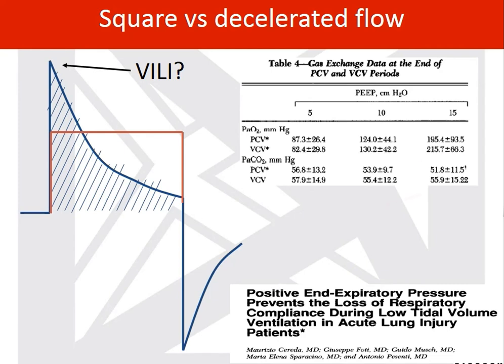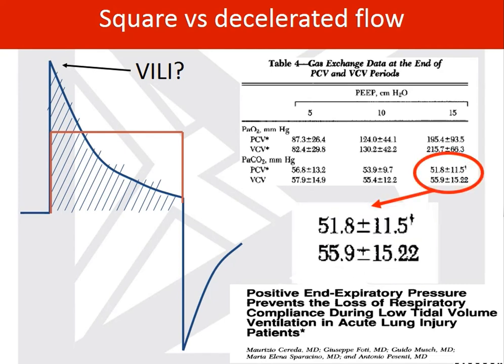But at the same time, there are papers that show that this decelerated flow is beneficial for those lungs that have different time constants inside, so that all the alveoli have time to equilibrate with the airway pressure.